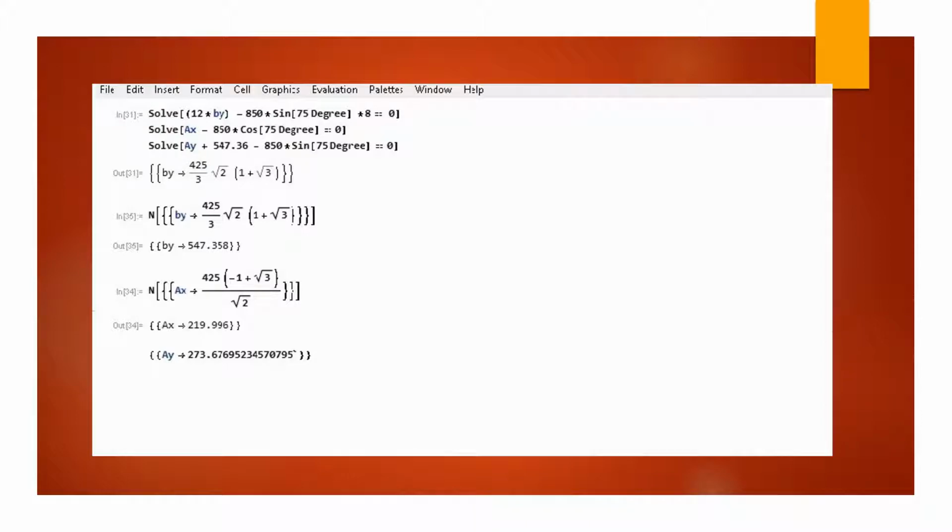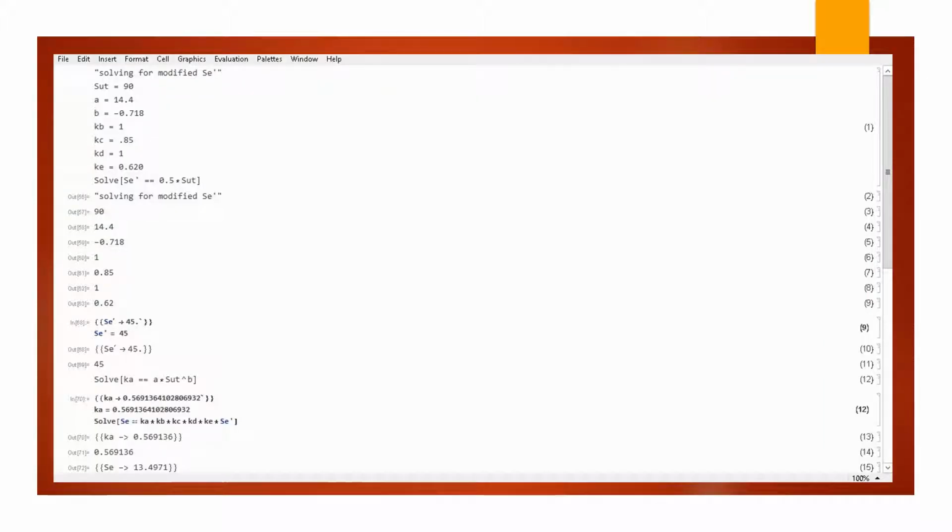To verify our hand calculations, we used Mathematica to solve for our reaction forces, which gave us a BY force of 547.358, AX force of 219.996, and AY force of 273.68.